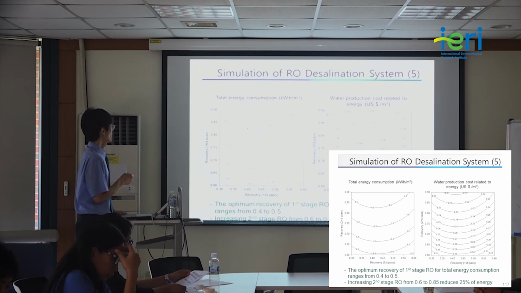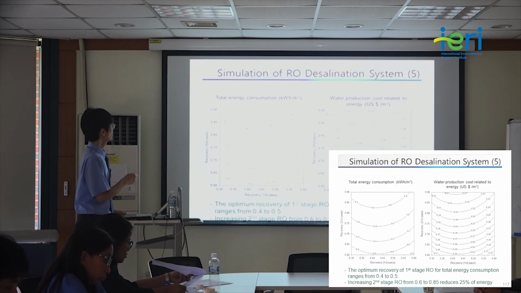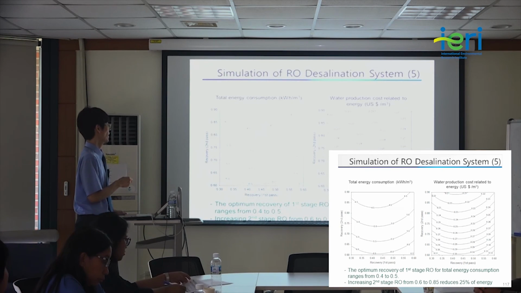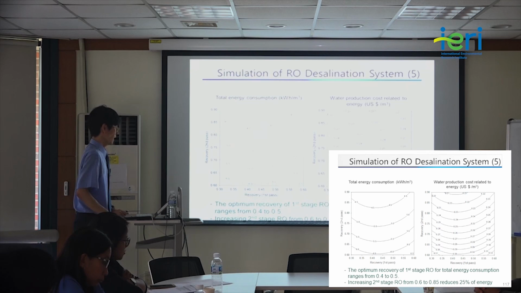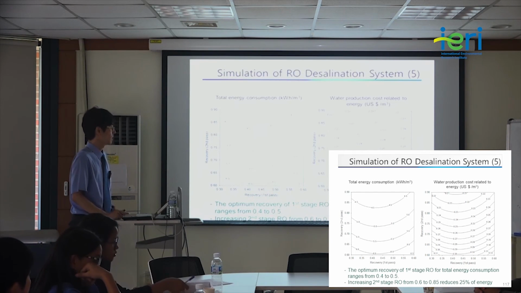And in the case where we just vary this second pass recovery, again, if we increase the second pass recovery, we can decrease the energy consumption a little bit. We can even reduce 25% of this energy consumption by increasing this second pass recovery.